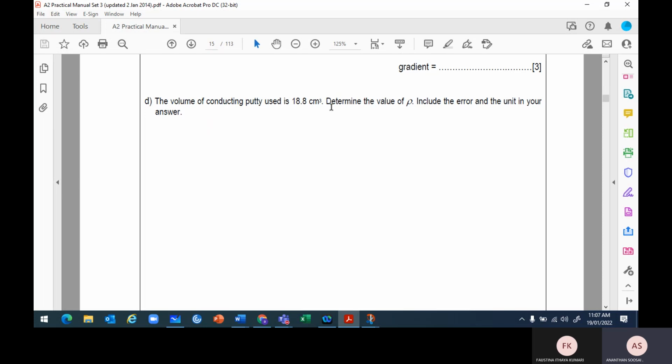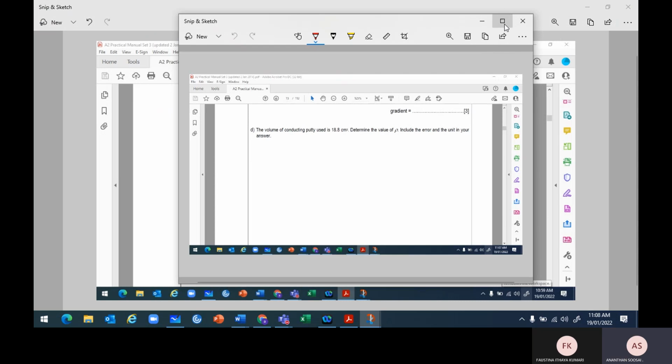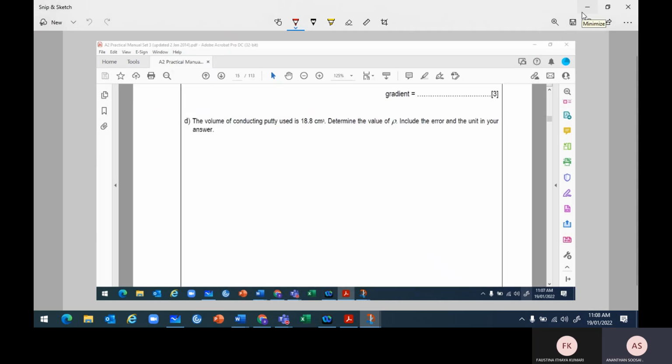Okay, class, let me brief everyone. How are you going to find the rho and uncertainty for the rho here? You have to refer to the gradient and intercept you obtained. The gradient equals rho over V, right?